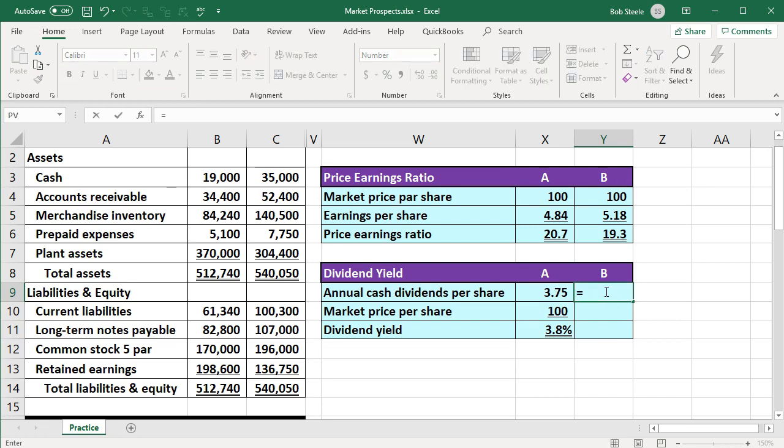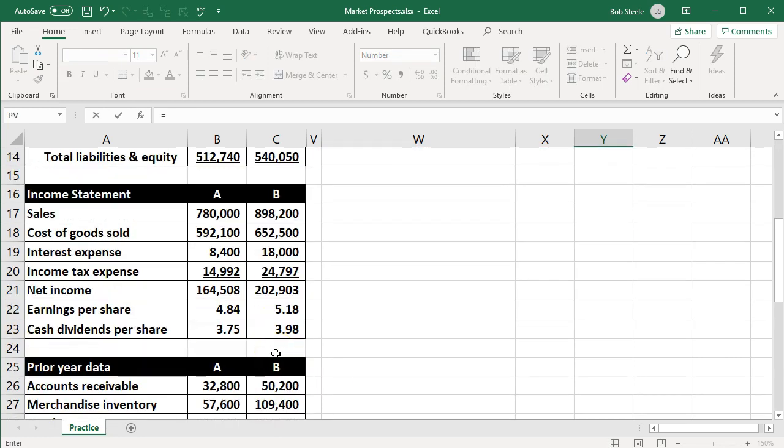For B, it's going to be equal to the annual cash dividends per share, which is going to be the 3.98. And remember, the cash dividends is what's actually being paid back. So we're imagining the investor put money into the company, into buying common stock. They're getting paid back on the earnings of the company that are decided to be paid out in the form of dividends. So we looked at last time the earnings per share.